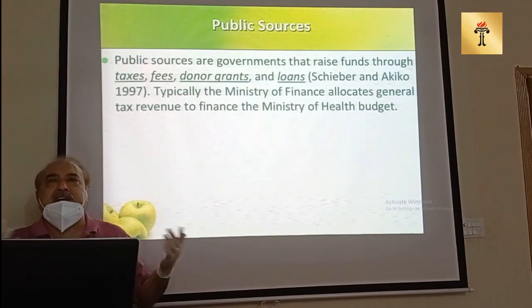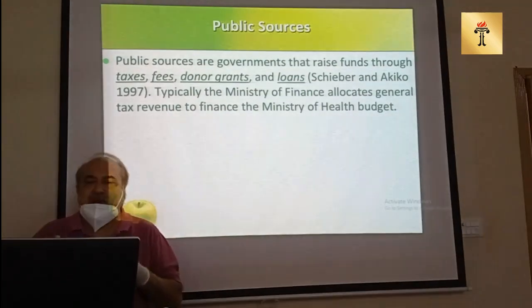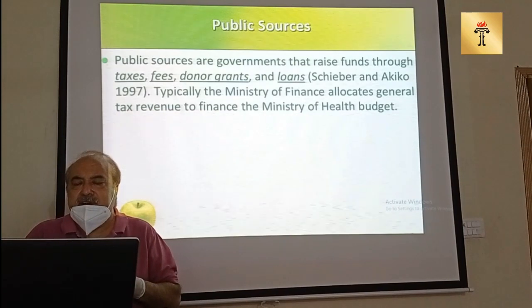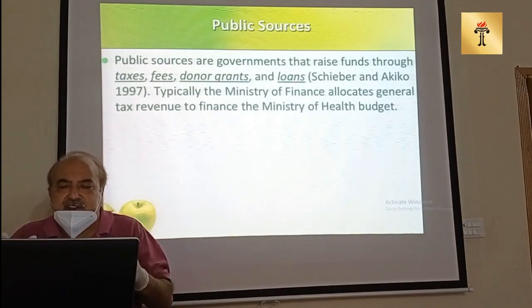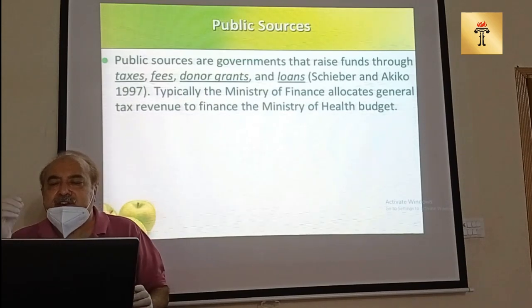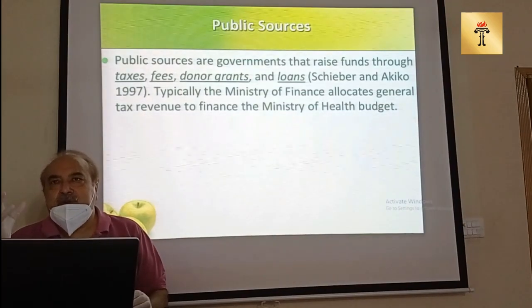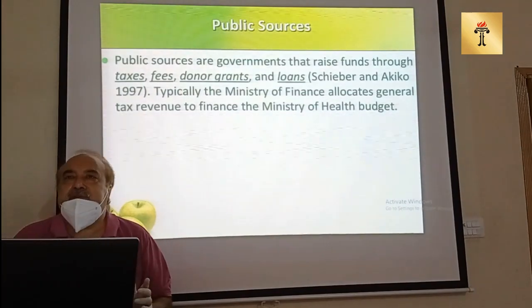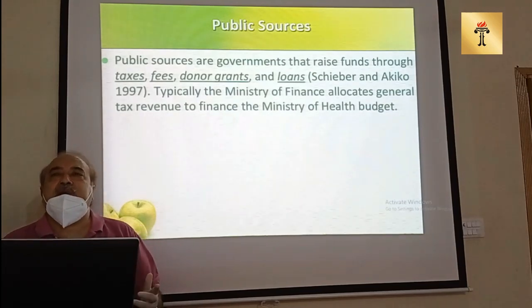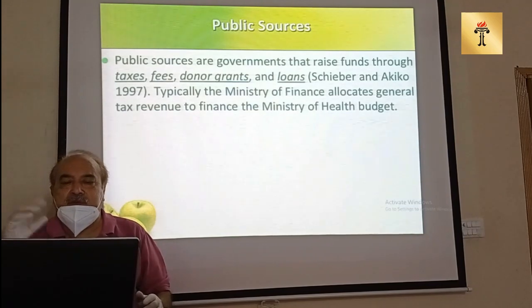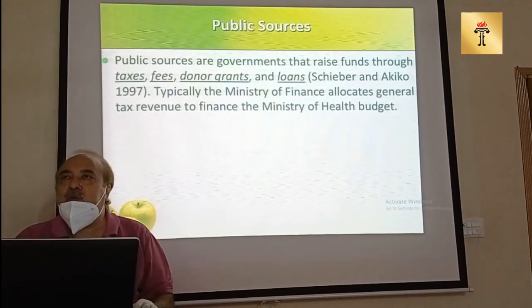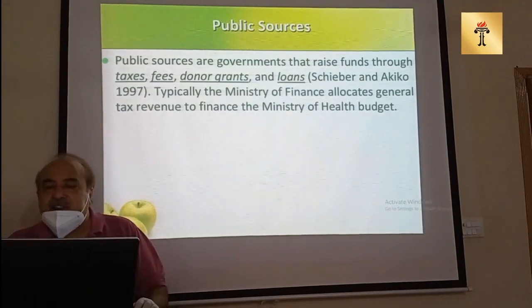Now, what are the public sources? Public sources are governments that raise funds through taxes, fees, donor grants, and loans. We are fond of taking loans from the IMF, Asian Bank, and even the local banks. So those loans contribute to the health budget.